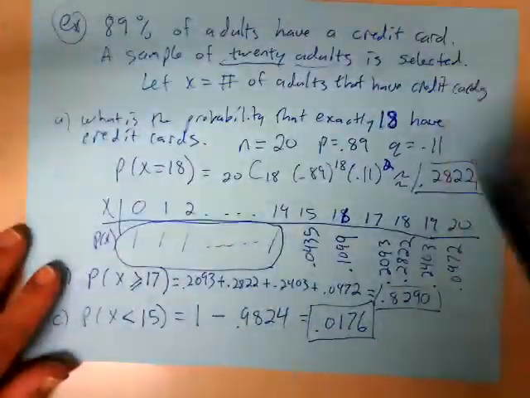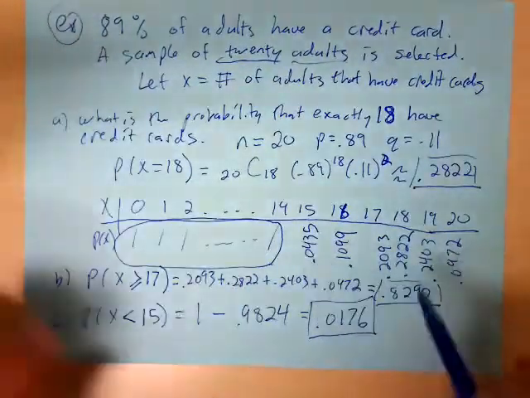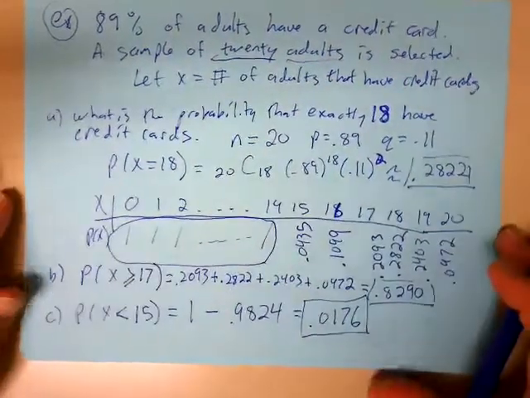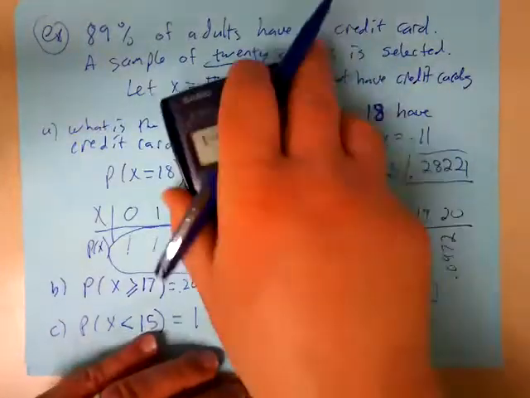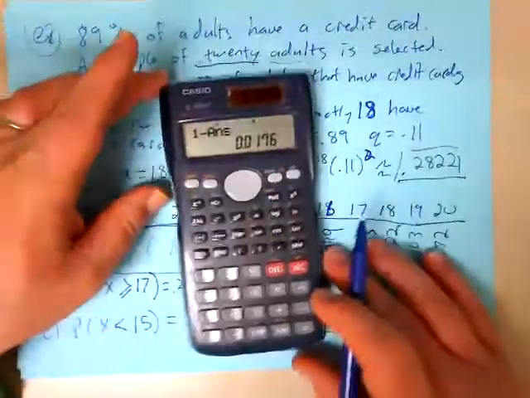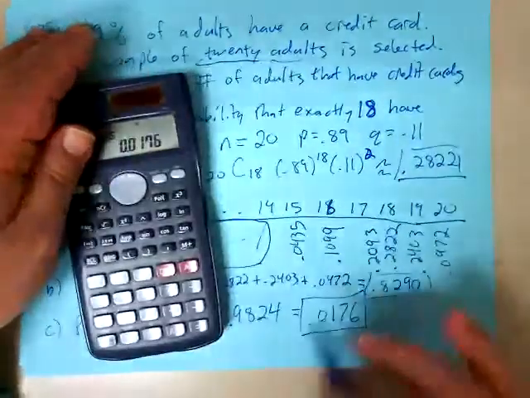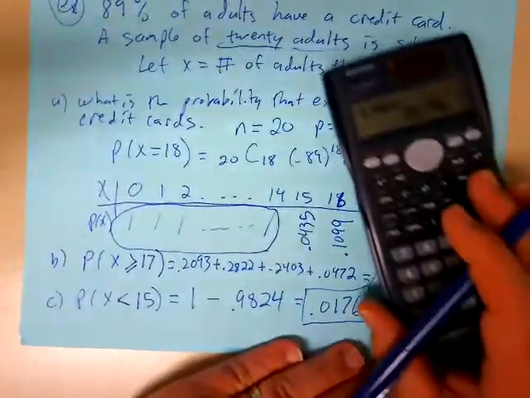Okay, so that's another example. This time, since there's a high probability of a success, all the action is happening down at this end. Okay, so there's a lot of work involved here, but you can see it's reasonable when you learn the system that I'm showing you by just editing and placing them in the table and then adding, subtracting what you need using the complement rule.